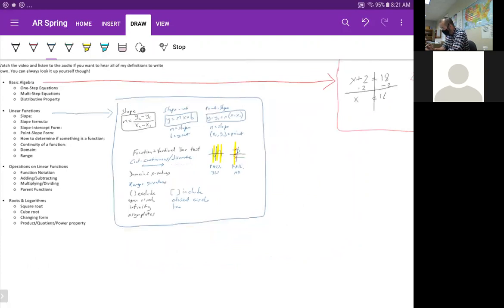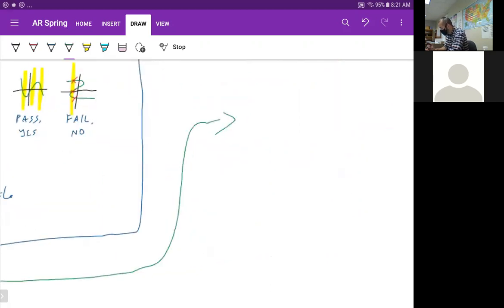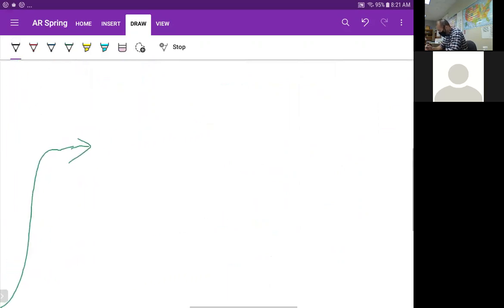Operations on linear functions. Let's take this one. Let's go over here. So function notation. All right. Function notation is so like you have some sort of something or other here. Let's just throw a couple down.